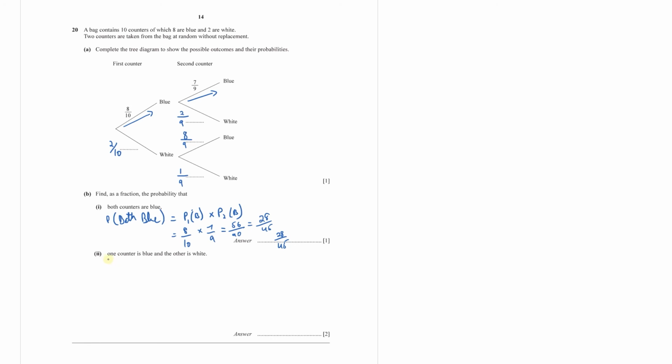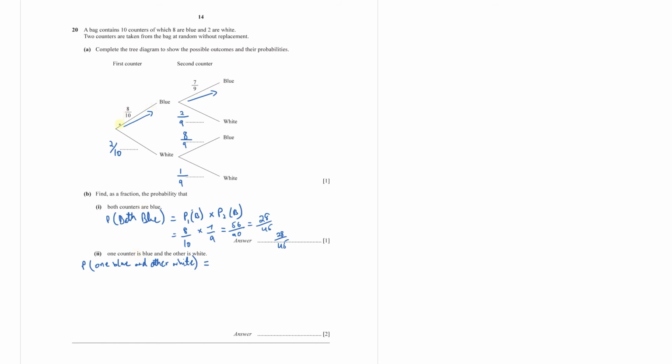The second part is that one counter is blue and the other one is white. So this is the probability of one blue and the other white. That could happen two ways.